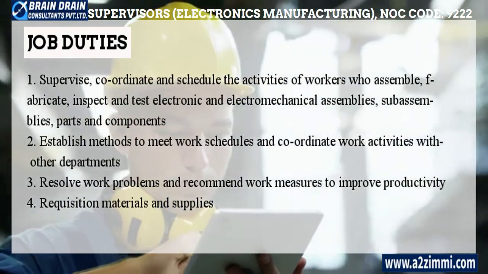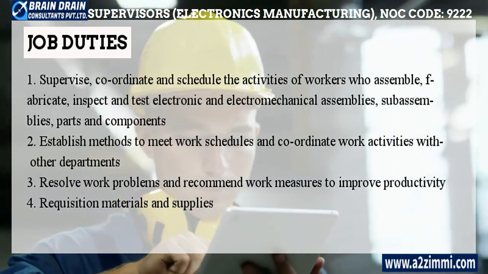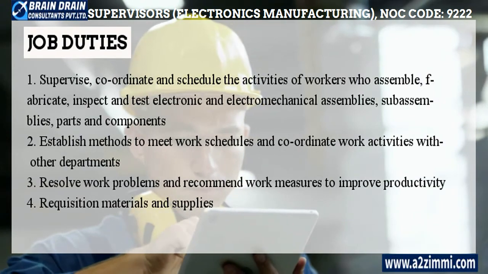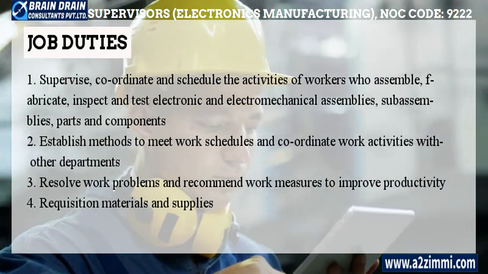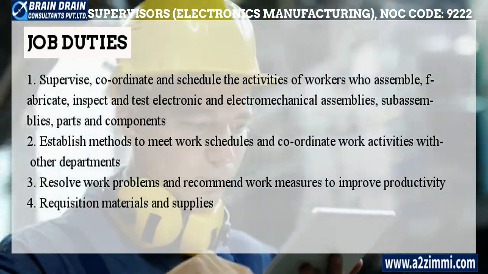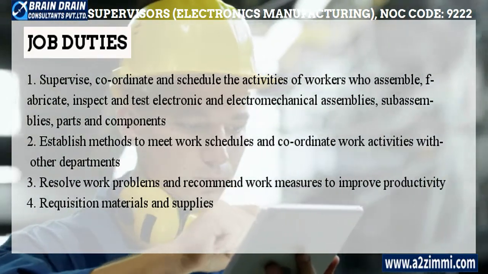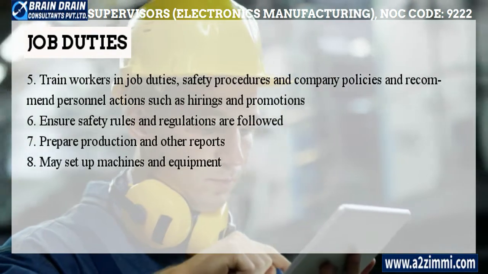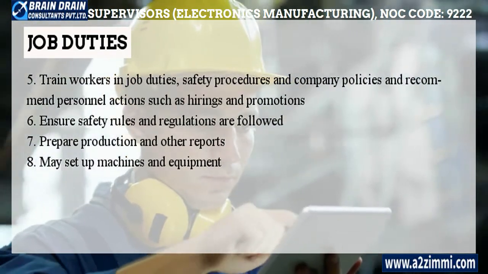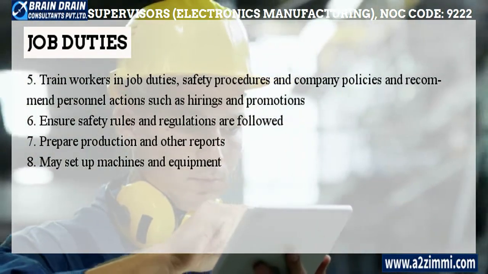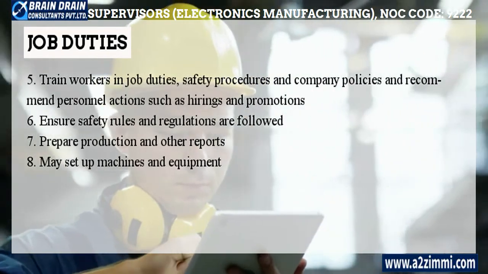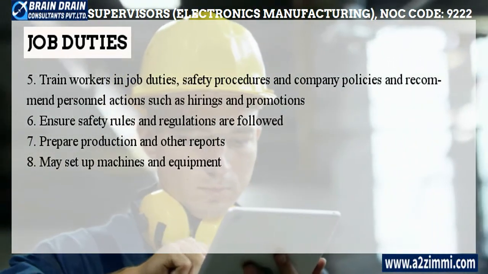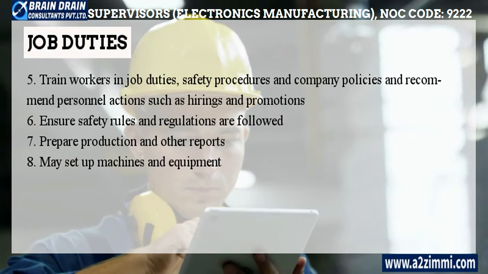Establish methods to meet work schedules and coordinate work activities with other departments. Resolve work problems and recommend work measures to improve productivity. Requisition materials and supplies. Train workers in job duties, safety procedures, and company policies and recommend personnel actions such as hirings and promotions. Ensure safety rules and regulations are followed.